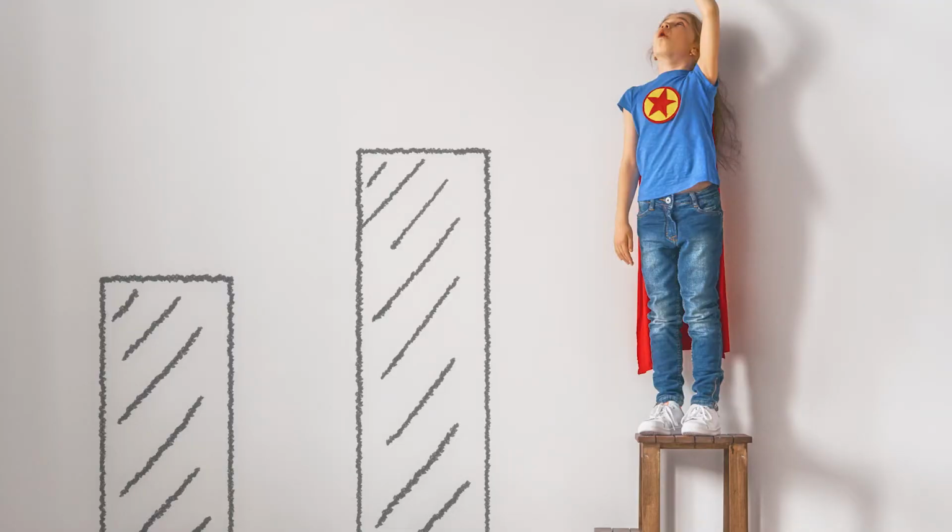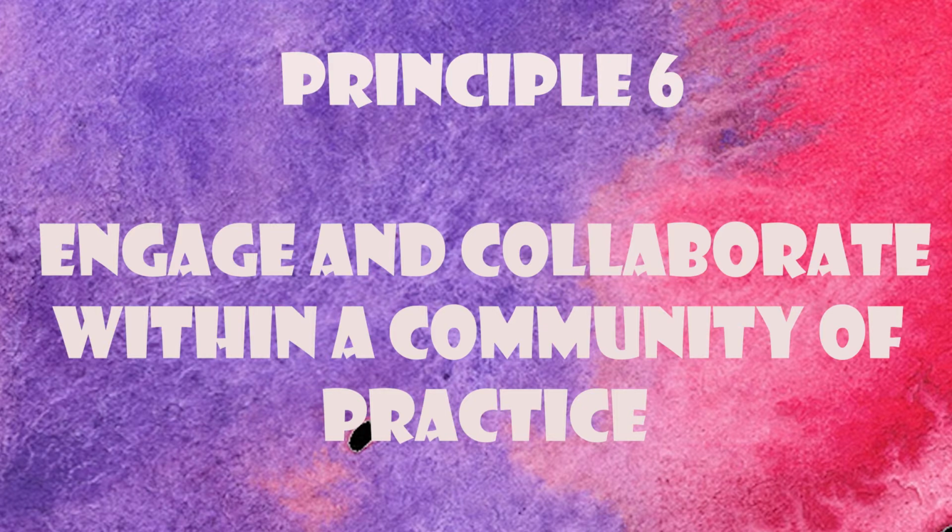And Principle 6, engage and collaborate within a community of practice. Teachers collaborate with others in the profession to provide the best support for their learners with respect to programming, instruction, and advocacy. They also continue their own professional learning.